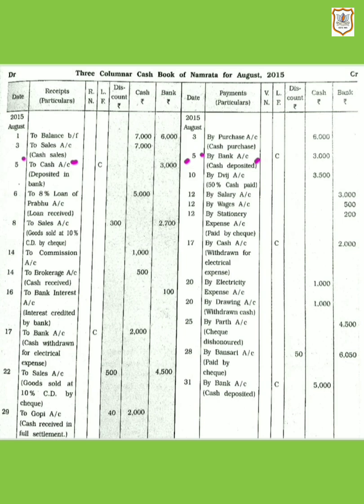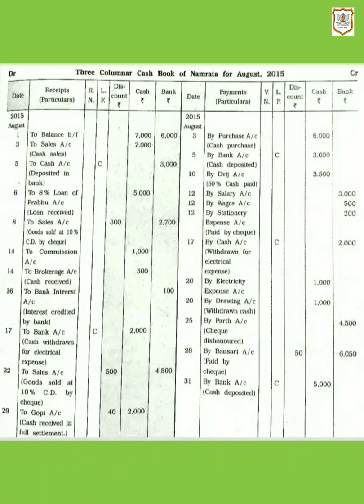Now next transaction. As more funds are required in the business, a loan of rupees 5,000 is taken from Prabhu bearing 8% interest rate. So this transaction will be recorded on the debit side of the cash book as the owner has taken a loan, due to which the cash balance in the firm is increasing.